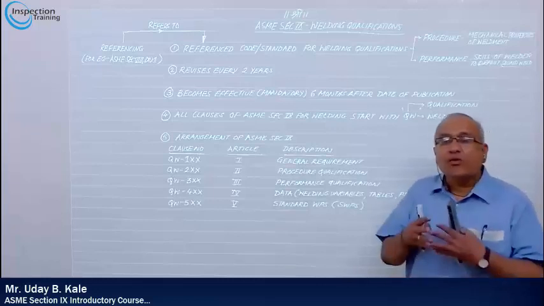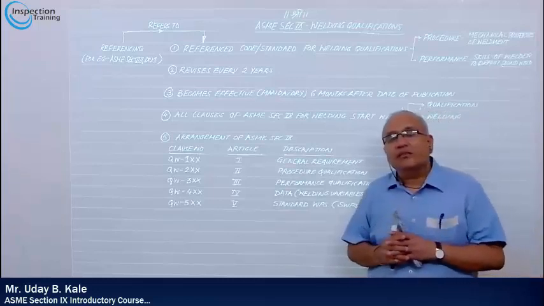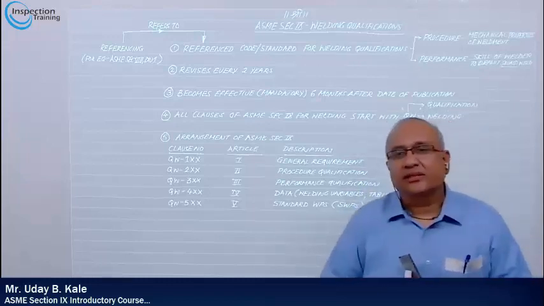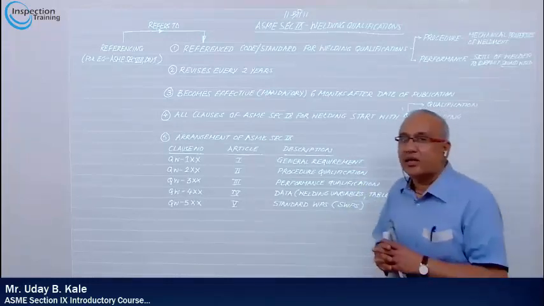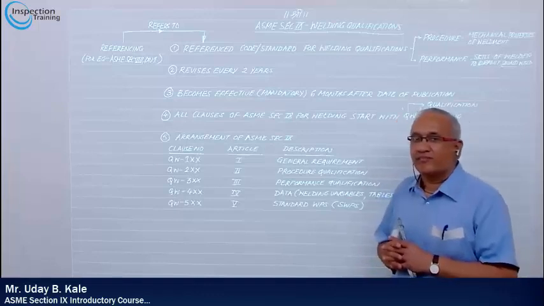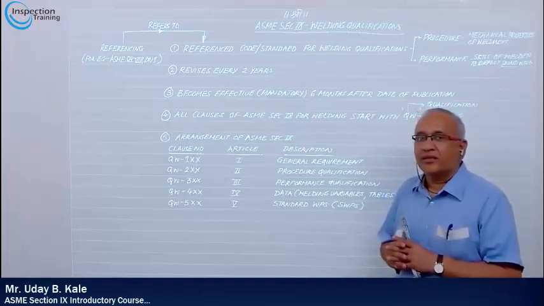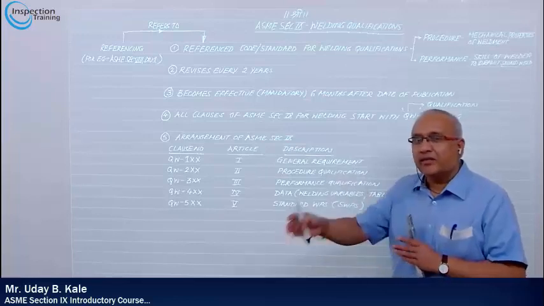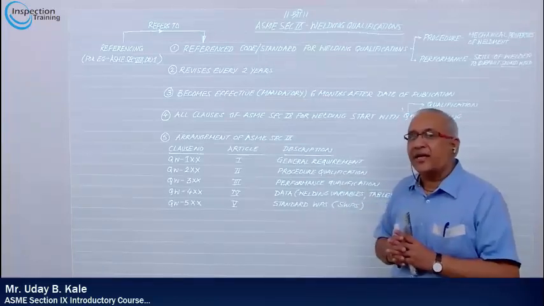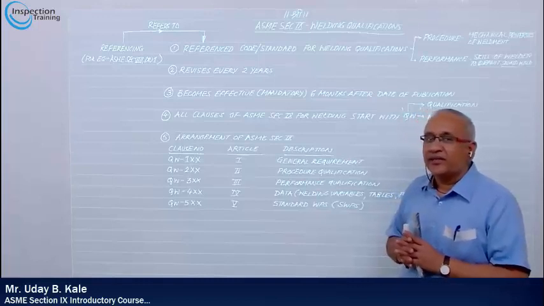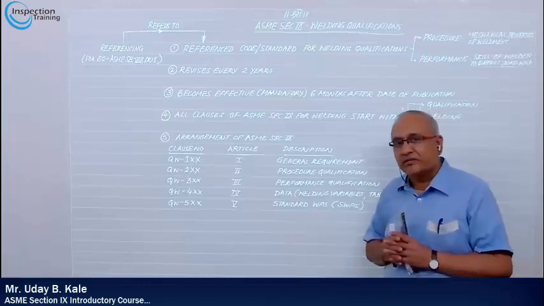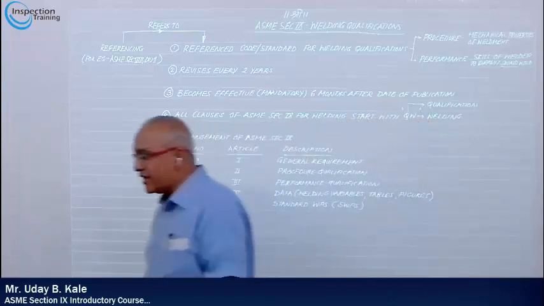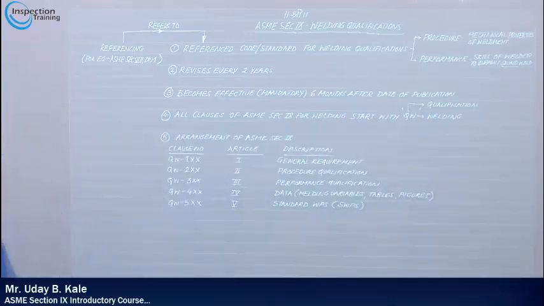So this is how, in a methodological manner, they have arranged this process. So let us go to the code or standard and see them there, and then identify their importance.